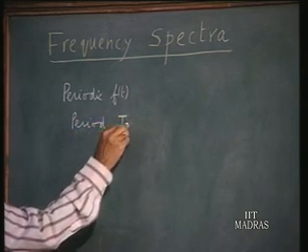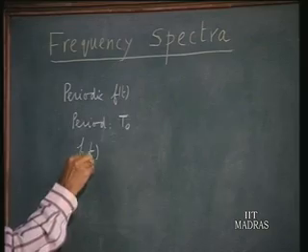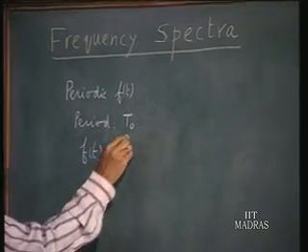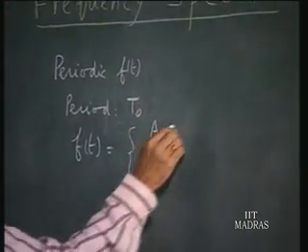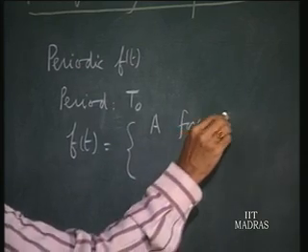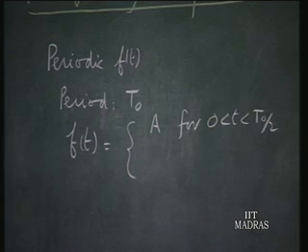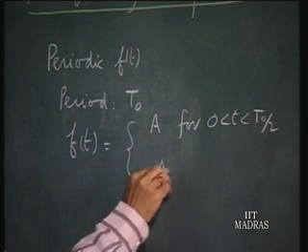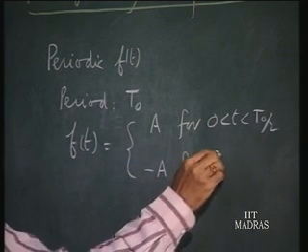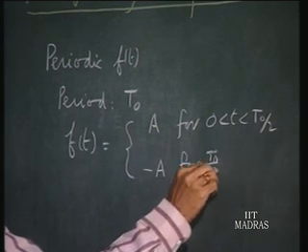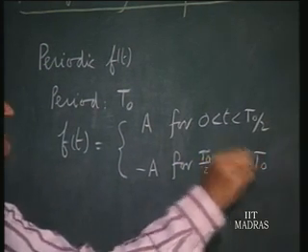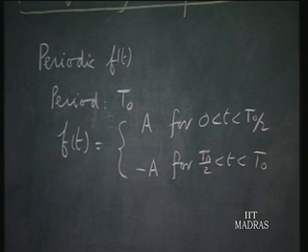Period is T0 and f(t) equals A for t ranging from 0 to T0 upon 2, and minus A for t ranging from T0 by 2 to T0. This is a complete description of the periodic function, but this is just a cold statement of facts.